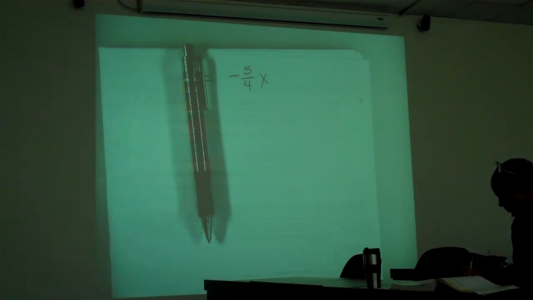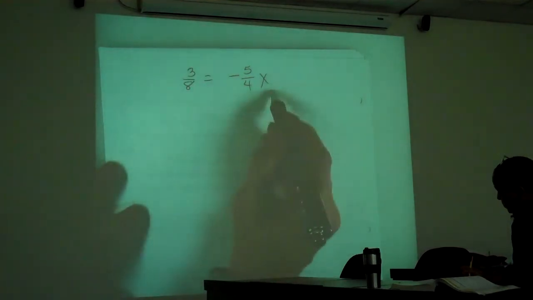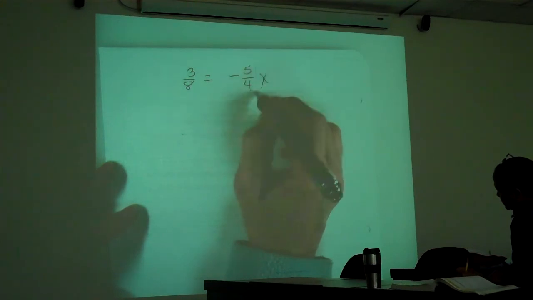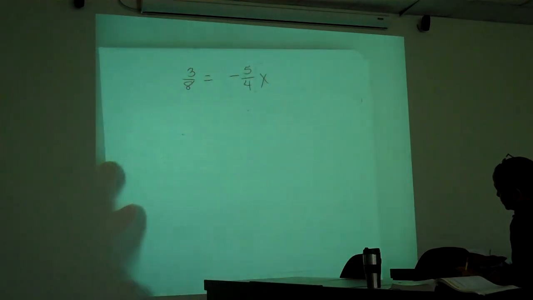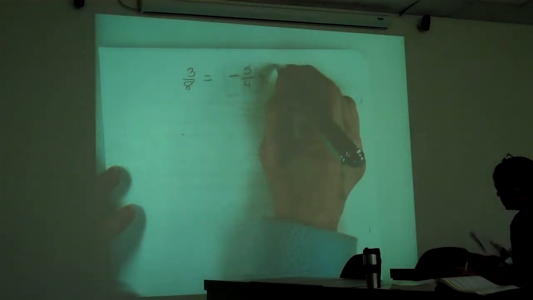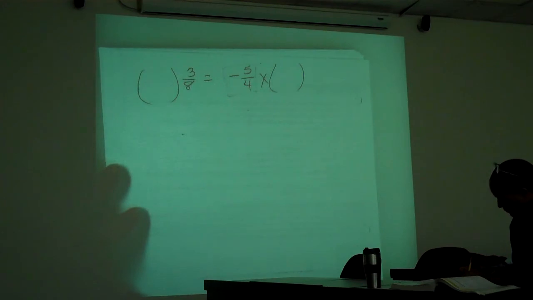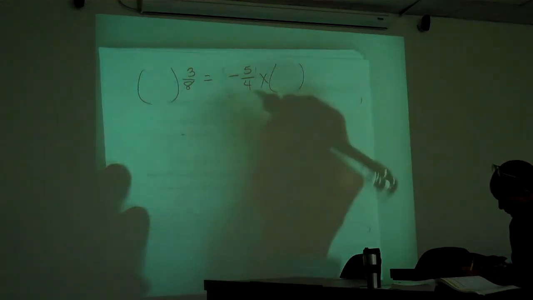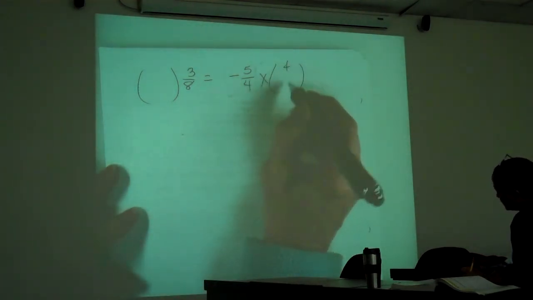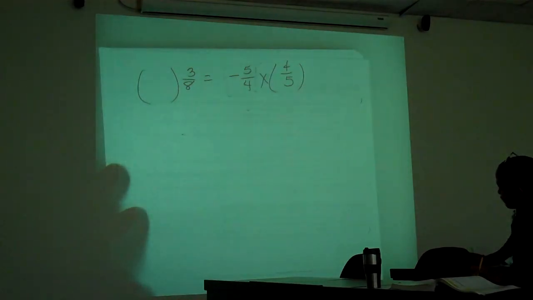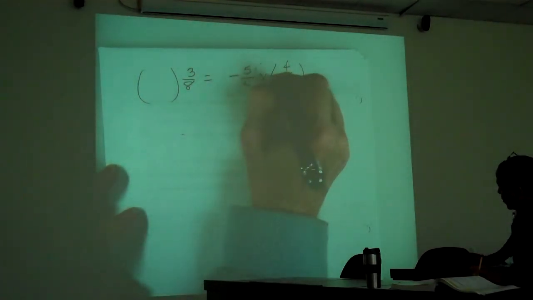But to make it shorter, instead of dividing on both sides, if we're dividing by this number, we're multiplying by the reciprocal. So to save space, why don't we multiply both sides by the reciprocal, putting the 4 on top and the 5 on bottom? You have to keep the sign. When you do reciprocals, you keep the sign.